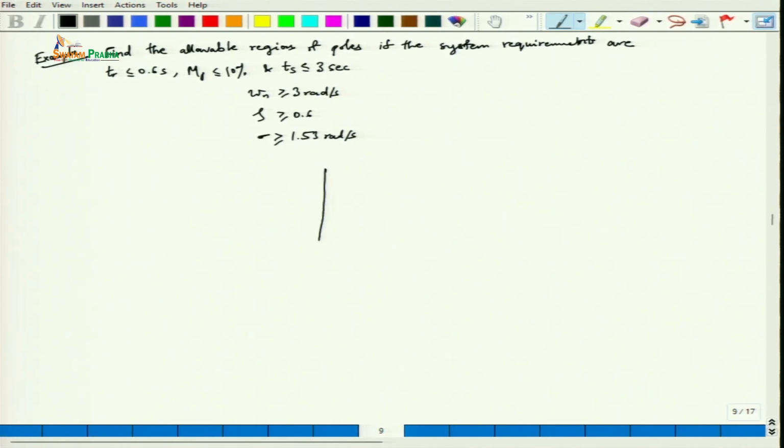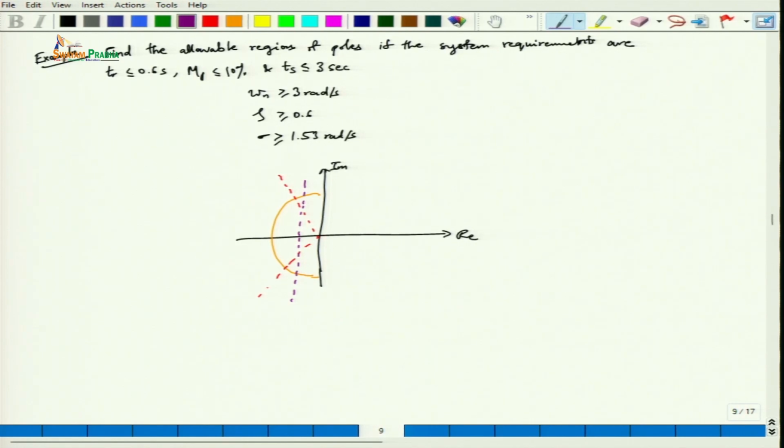So now what we can do is consider the S plane, and first we draw the semicircle for omega n. The next part is we consider zeta, and then we come on to sigma.